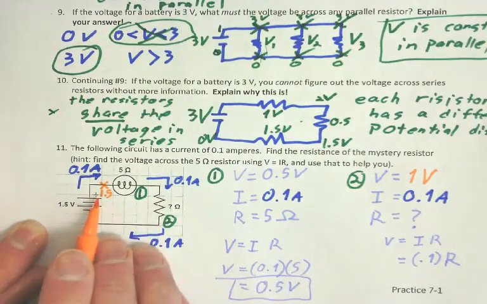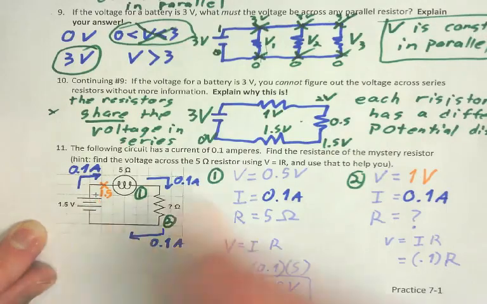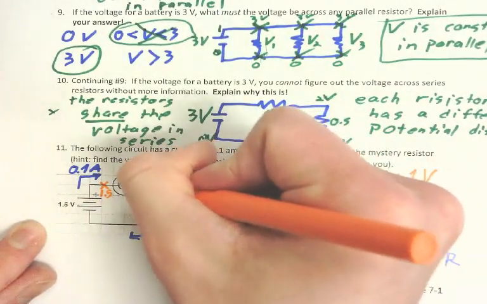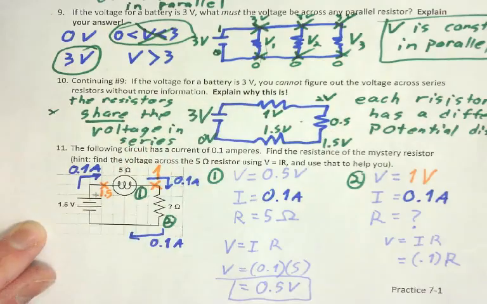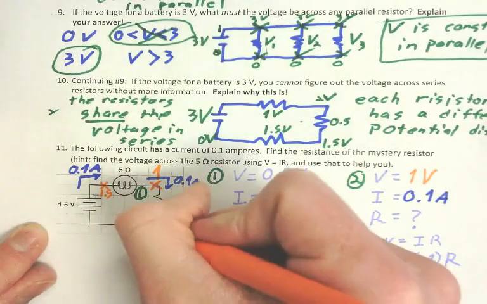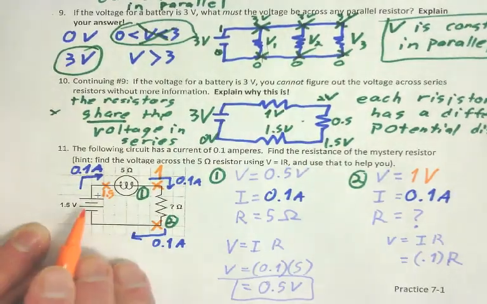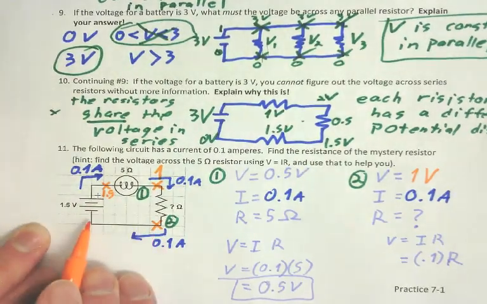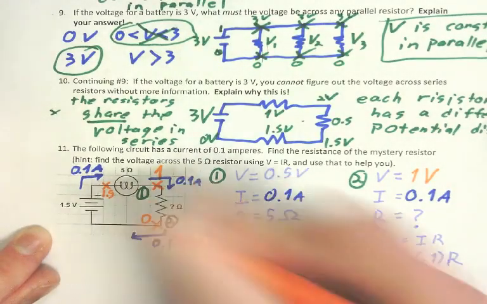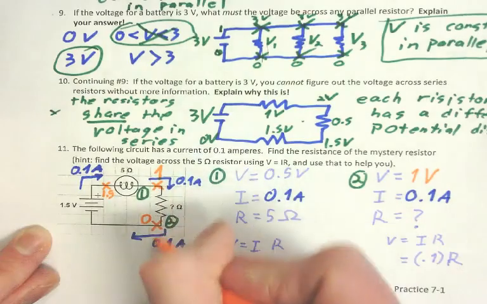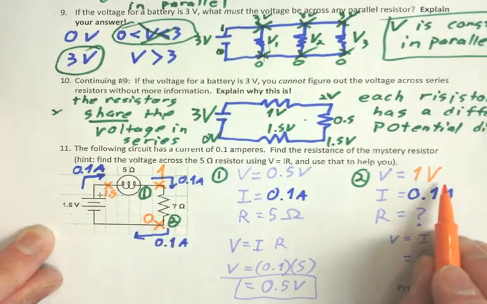So if it was 1.5 and there's a difference of 0.5, then the leftover value now is 1. This has to have a difference between here and here. This is connected to the battery, and the other side of the battery is always 0. So what's the difference between 1 and 0? 1.